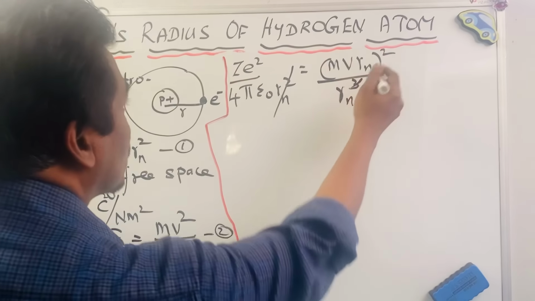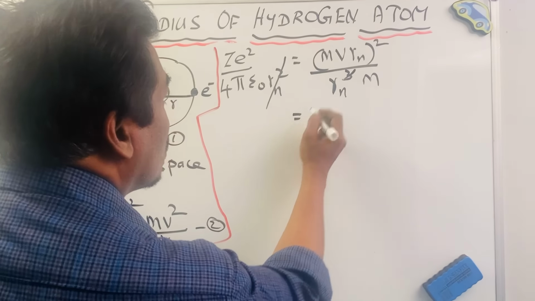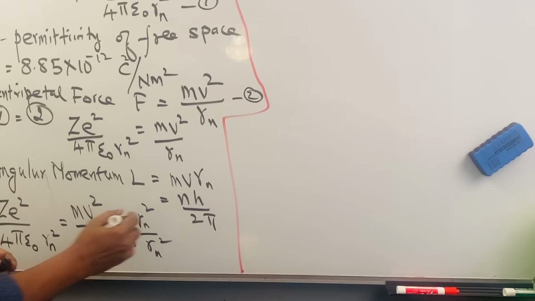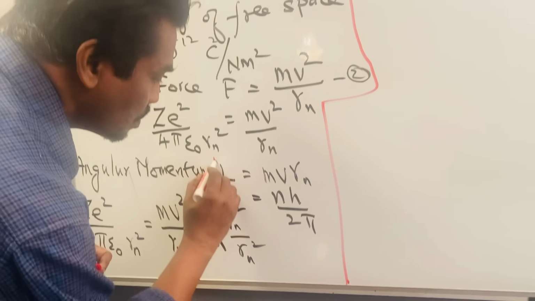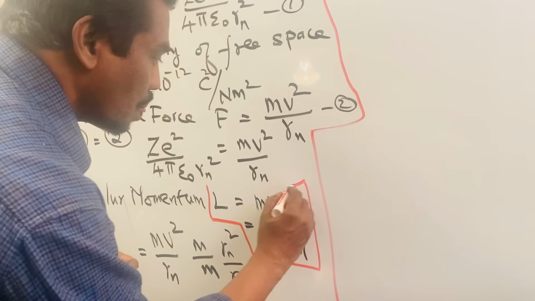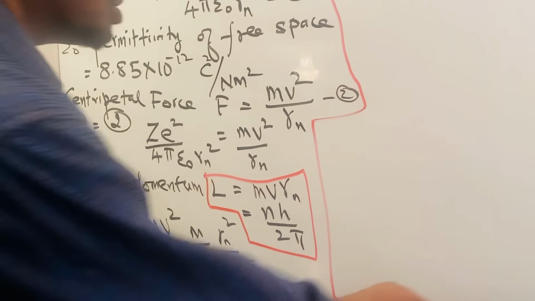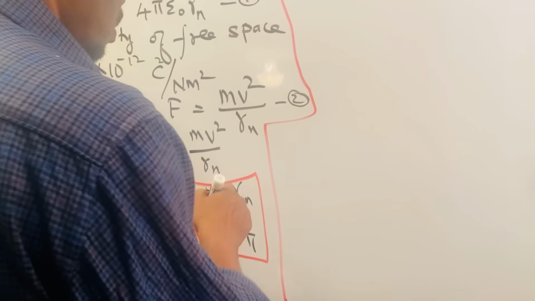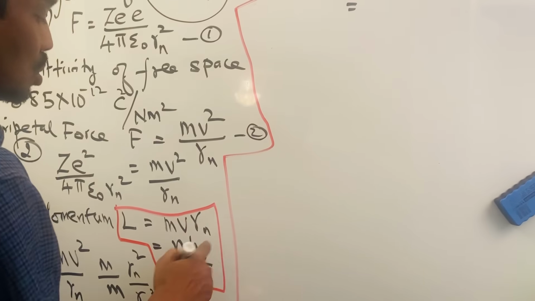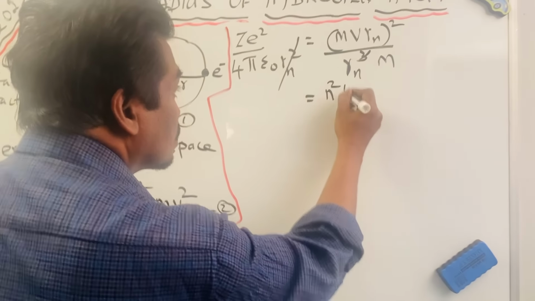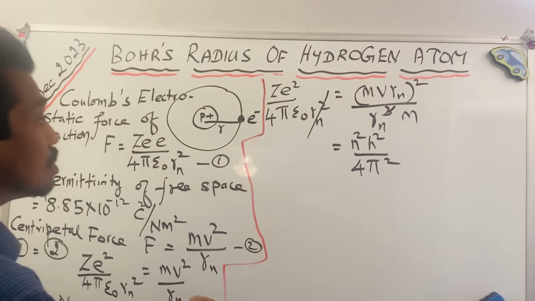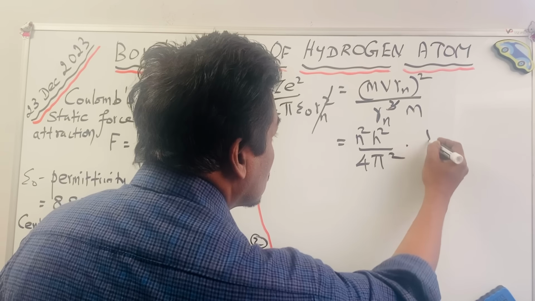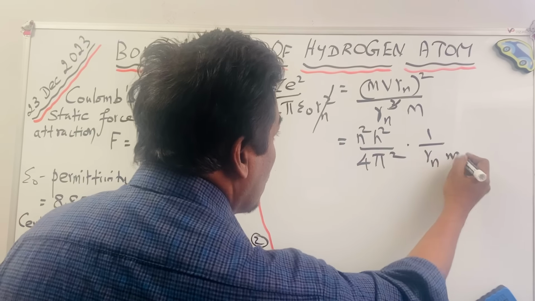Now we can substitute the value for m v r n whole square. This is an important one, I will highlight it. We substitute the value of m v r n, which is equal to n square h square over 4 pi square, then over r n m.